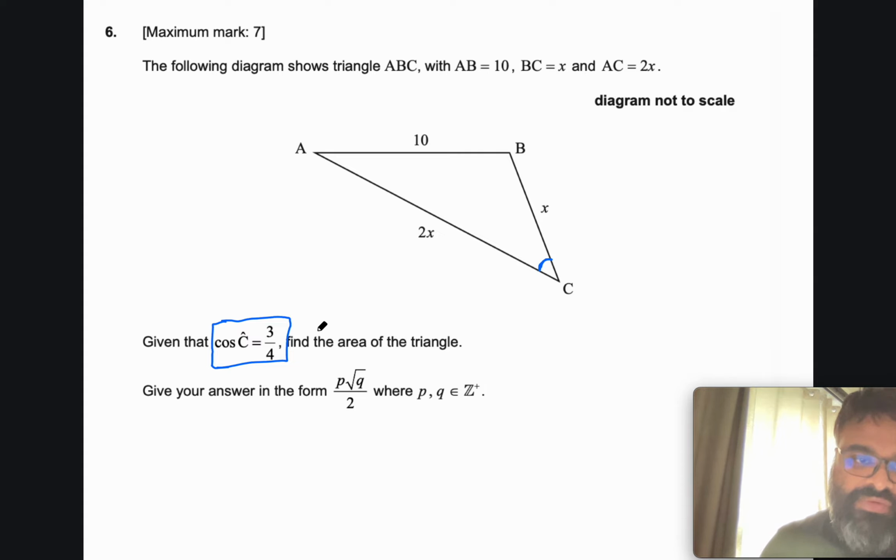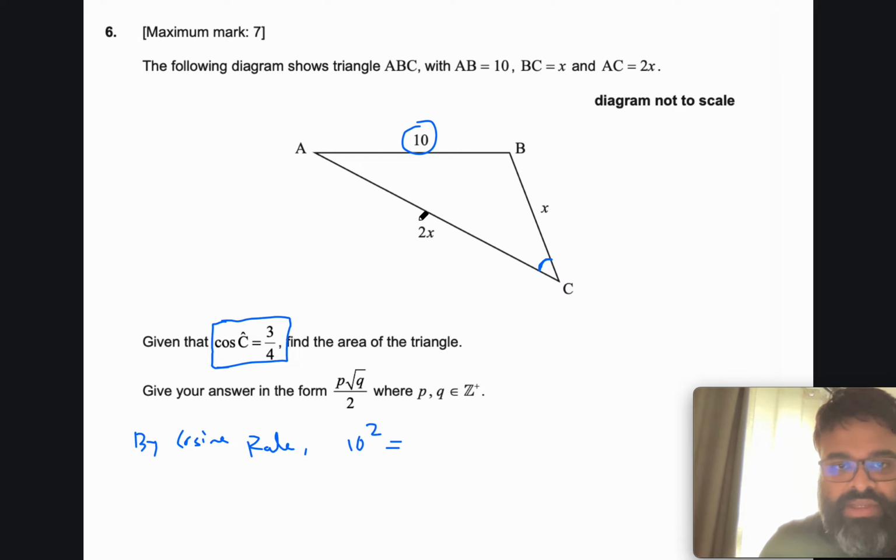So first, let's use the cosine rule. By the cosine rule, we have this side and this angle, so we have 10 square is equal to the sum of squares of these two sides.